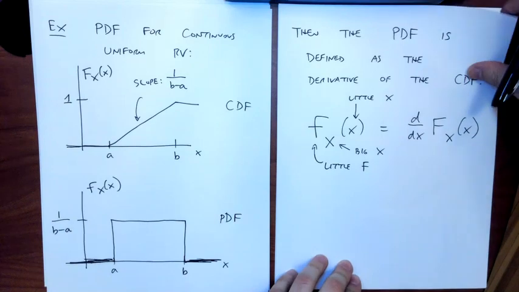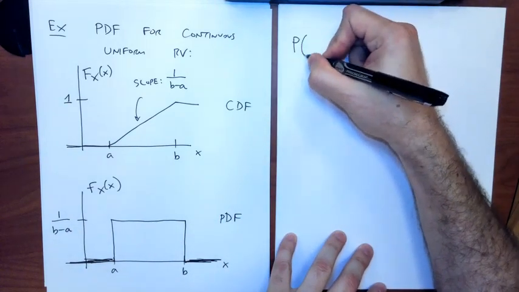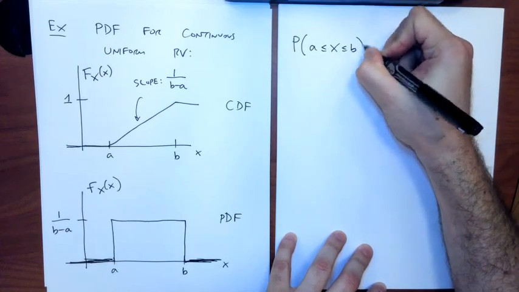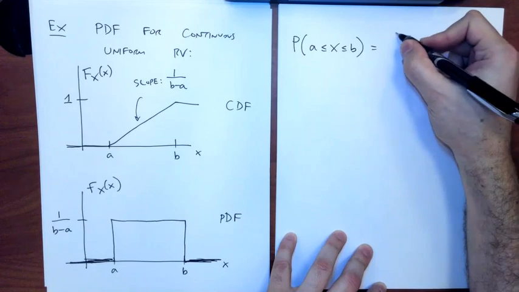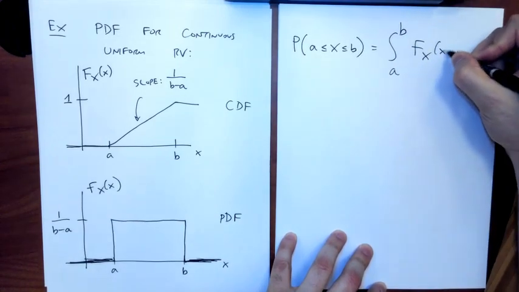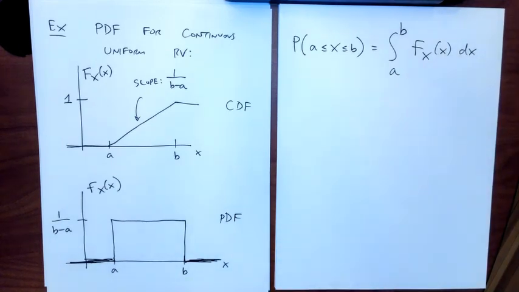Well, it's quite easy. For example, the probability that my random variable is in the range A to B is just integrating the PDF from A to B dx, right? So it's basically the area under the curve in that interval.